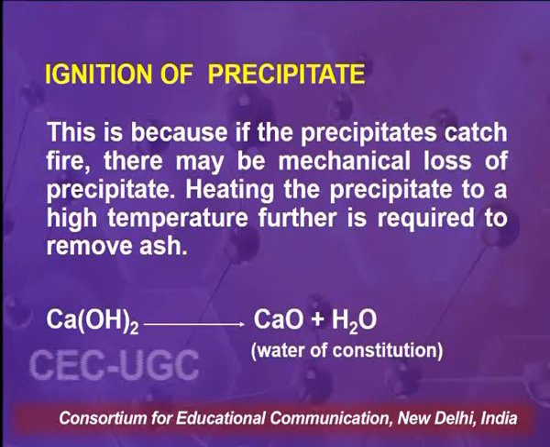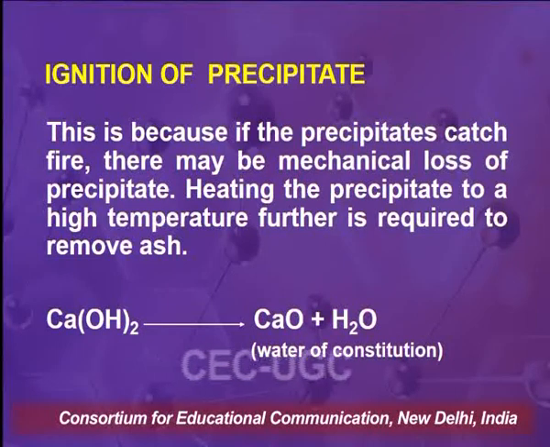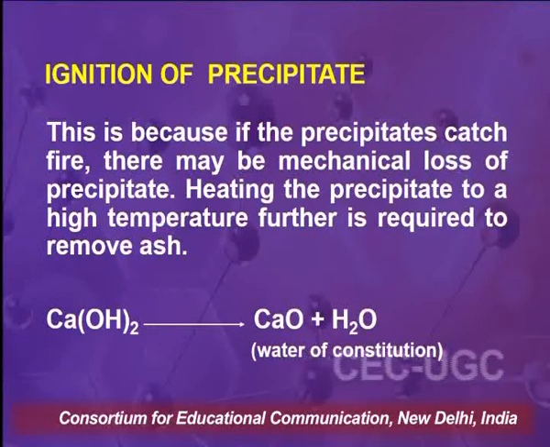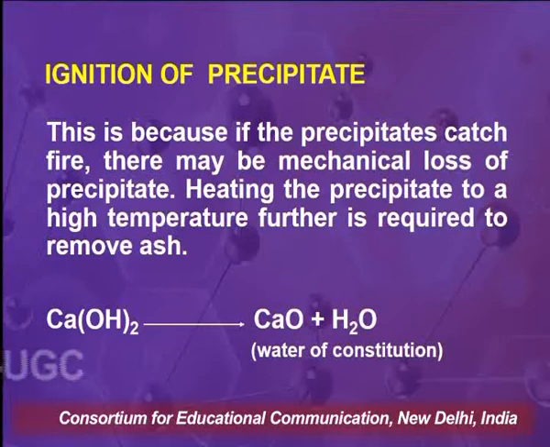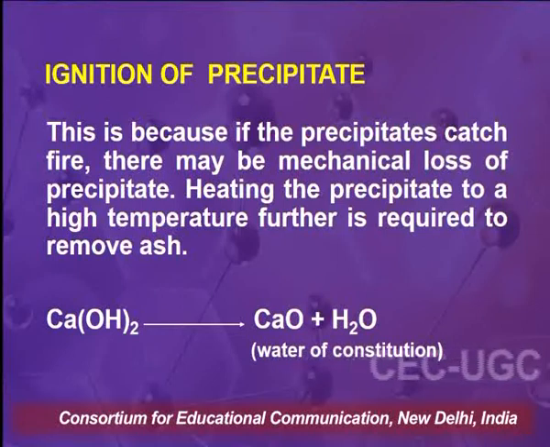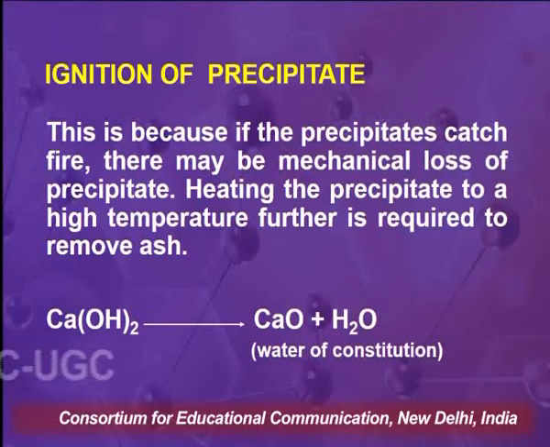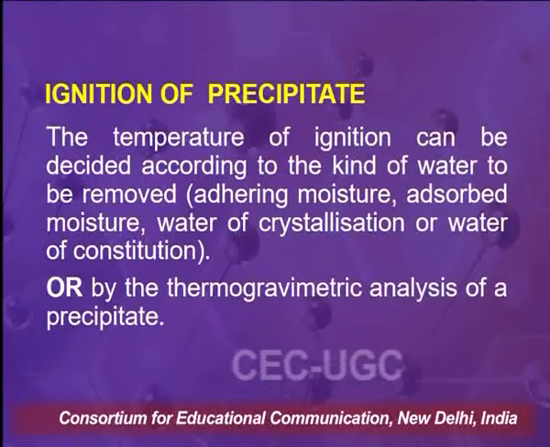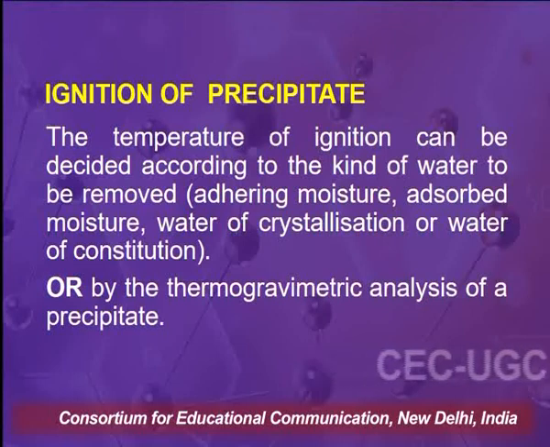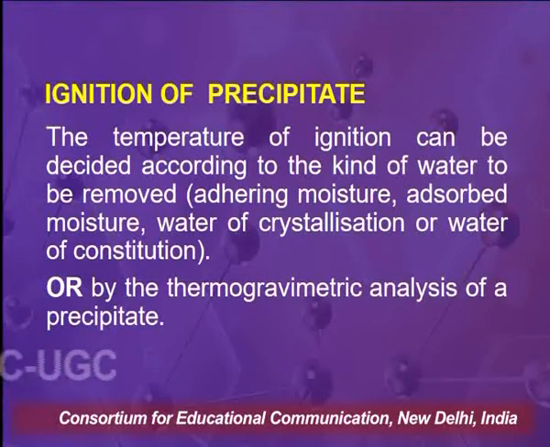For example, if you have calcium hydroxide filtered through a Whatman 42 ashless filter paper and it is burnt, upon burning, the water of constitution from calcium hydroxide is removed and calcium oxide is obtained, which can be further weighed out.